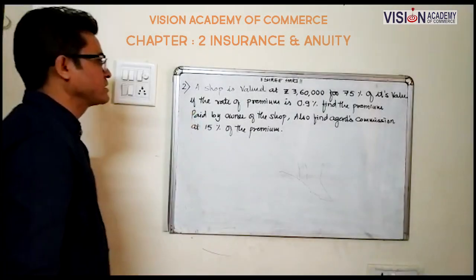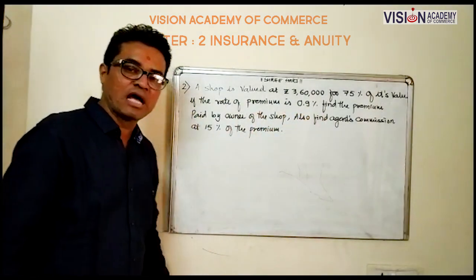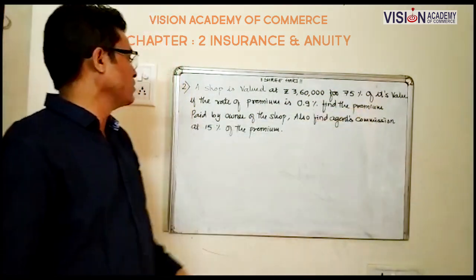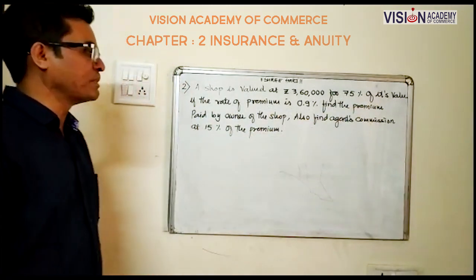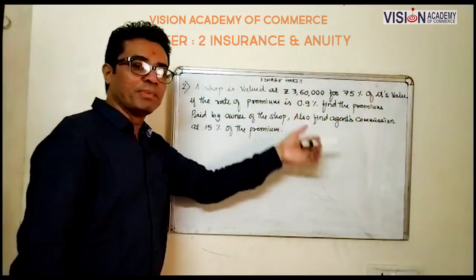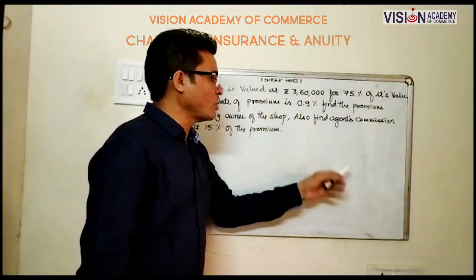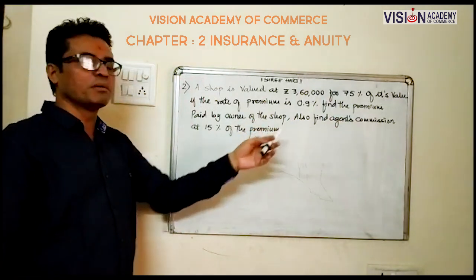Your second question: a shop is valued at rupees 3,60,000 and insured for 75% of its value. If the rate of premium is 0.9%, find the premium paid by the owner of the shop and also find the agent's commission at 15% of the premium.